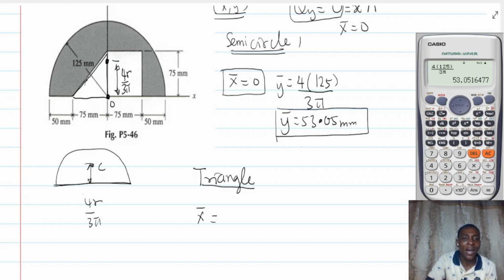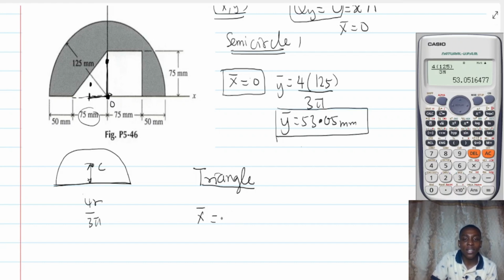To calculate the x bar, it is given by a formula: 1/3 of the height from the base. So let's say that this is our base. Then along the x, our x bar will be somewhere 1/3 from this distance. So if this distance is, let's say, 75, then our centroid is somewhere here, and that distance from the base is going to be 1/3.